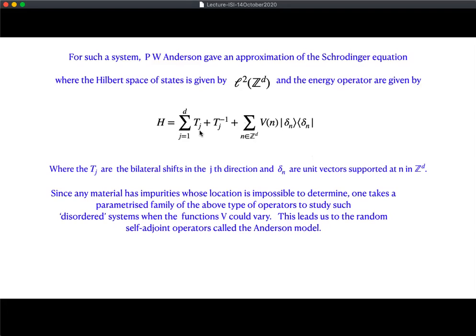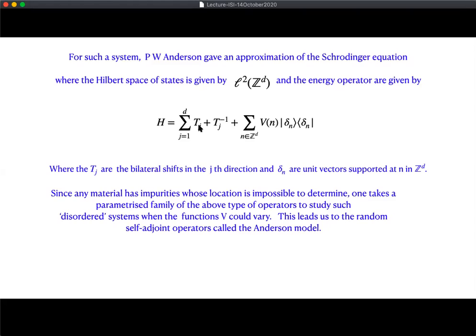And this other operator, if you take dimension 1, is just a shift by 1, a bilateral shift. You shift to the positive side, let us say, and then its inverse shifts you backwards. Together they form a self-adjoint operator because of the form U plus U star.